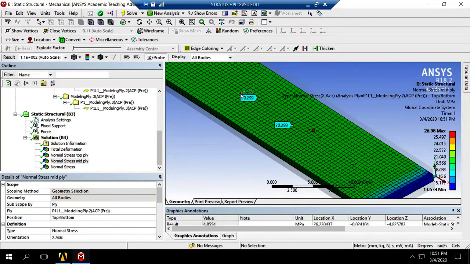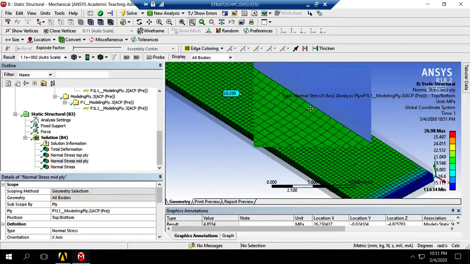Alright, so again 20.3 means that 203 Newton is carried by the mid layer, and the top layer was carrying 48 and the lower one 48 too. Those two add up to 96, actually 97, and then added to 203 here, I'm going to get 300, which is my total load in the x direction, which is the force I applied to this face.